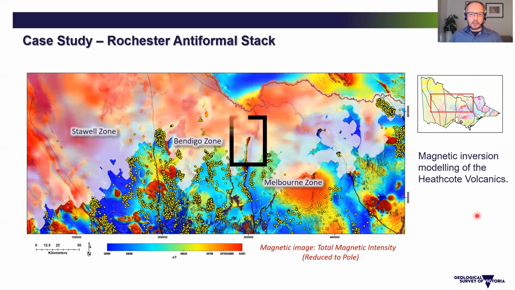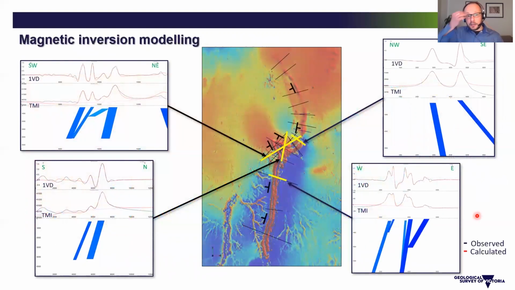So looking at another example from the Northern Bendigo zone, this is the Rochester Antiformal stack. We've done some magnetic inversion modeling in this case, and here is the magnetic image, and you can see all these lines across sections where I've modeled and inverted the magnetic response.